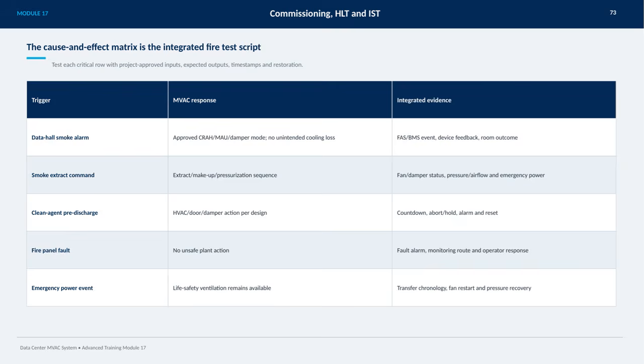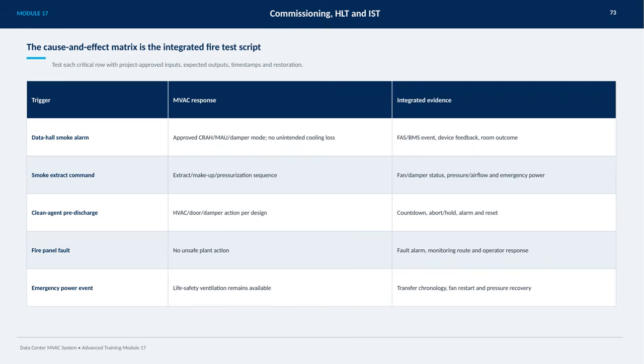Fault scenarios such as fire panel faults are handled to prevent unsafe plant actions, generating alarms and operator alerts while maintaining monitoring integrity. Finally, emergency power events are tested to ensure life safety ventilation remains available, tracking transfer chronology, fan restarts, and pressure recovery. This comprehensive matrix ensures that every element works together seamlessly to protect the data center environment during fire events.